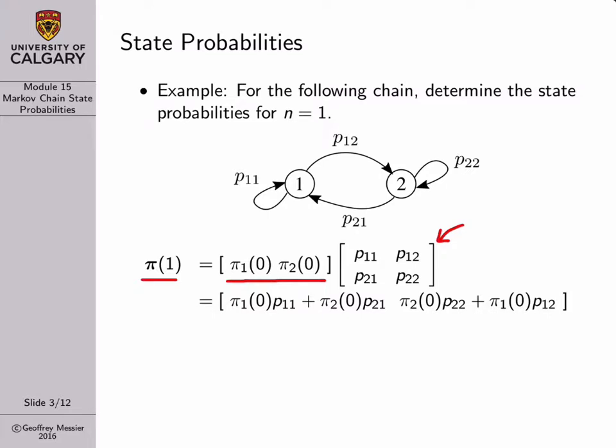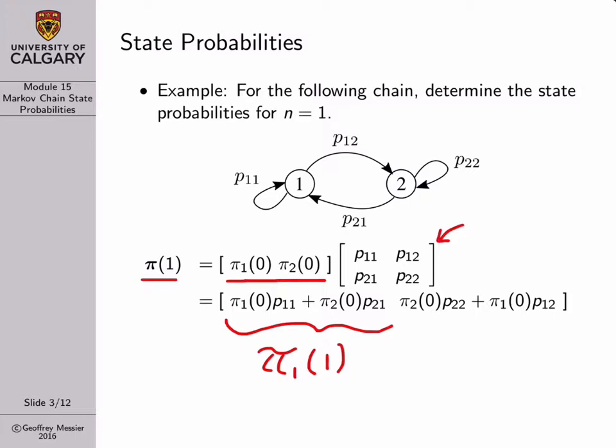So let's take a look at our first term. The first term should be equal to pi 1 at time step 1, in other words, the probability that we are in state 1 after a single time step. And this makes sense if we look at the two terms making up the first element in this vector.